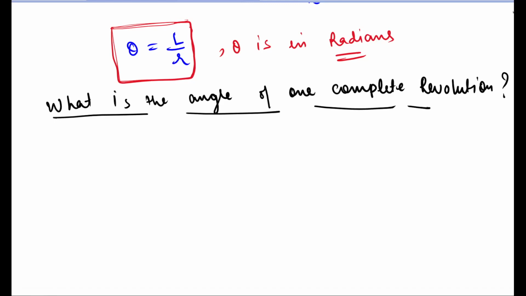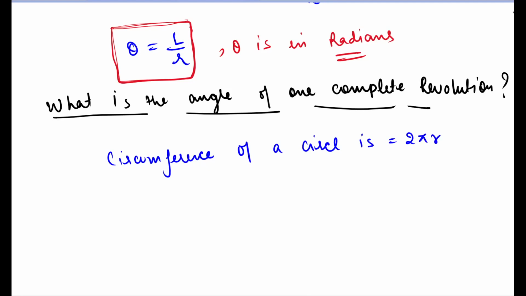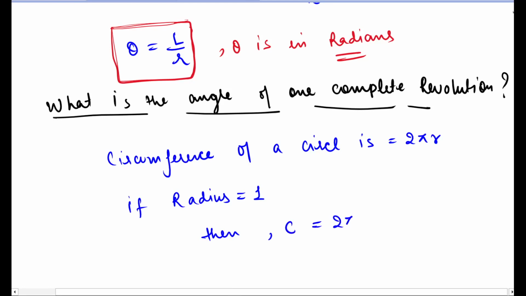We know the circumference of a circle is 2 pi r, and if radius is equal to 1, then circumference is 2 pi. We can call circumference C, so C is 2 pi.